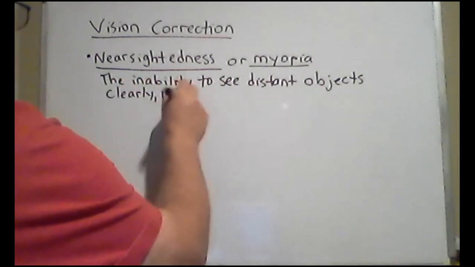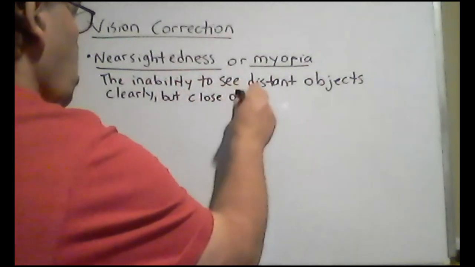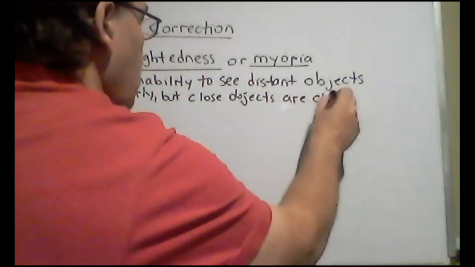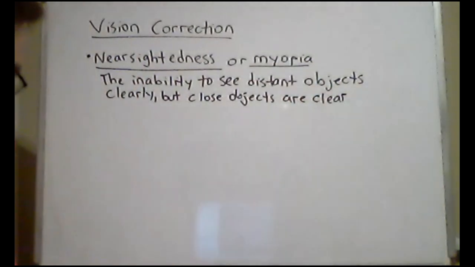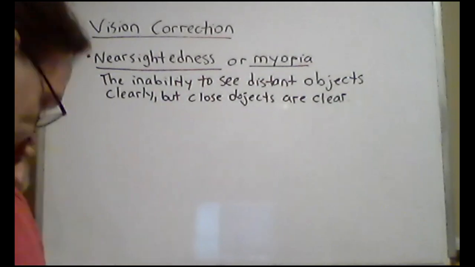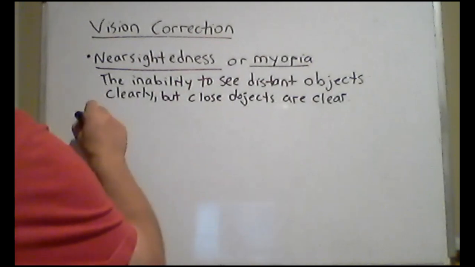Essentially, what happens is the eye over converges the light.